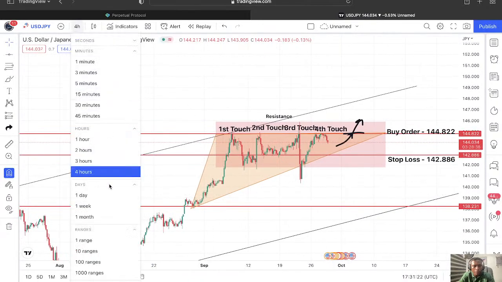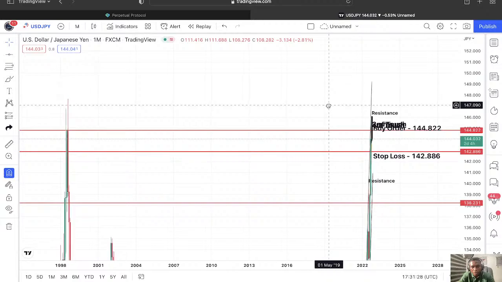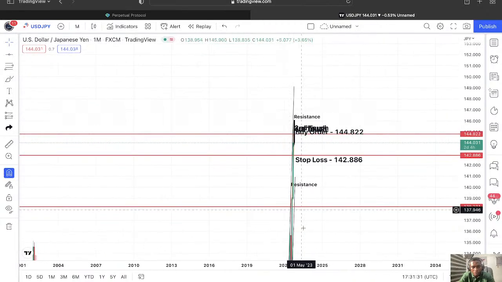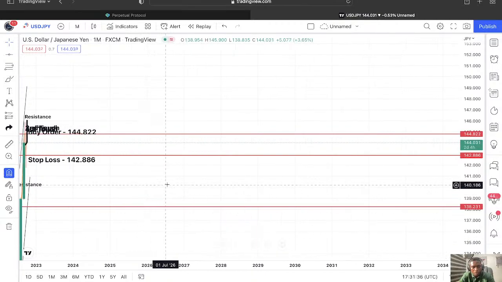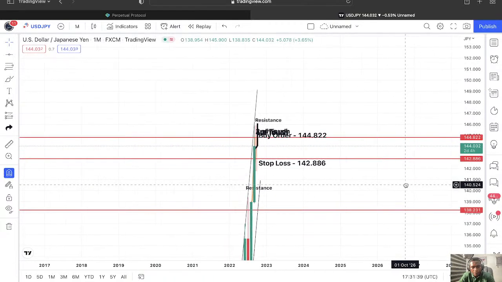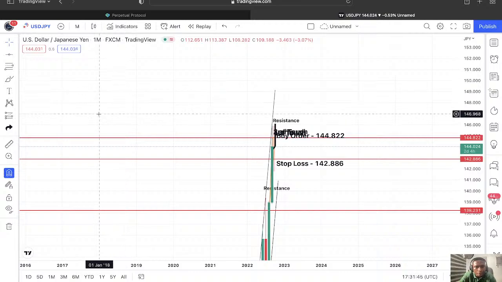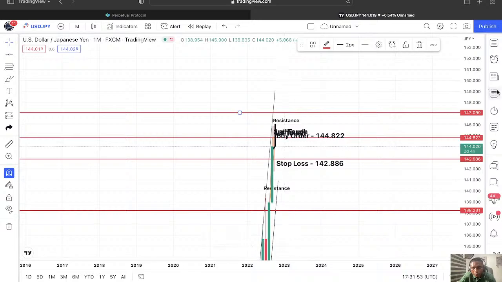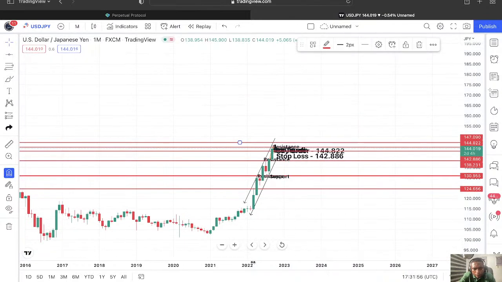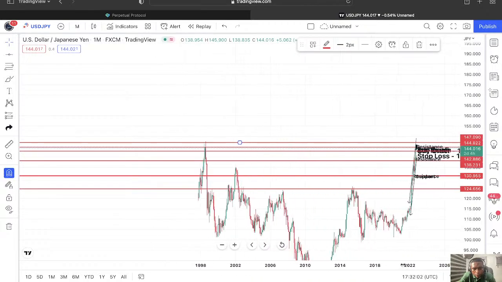So let me use a higher time frame to measure. Trying to see.